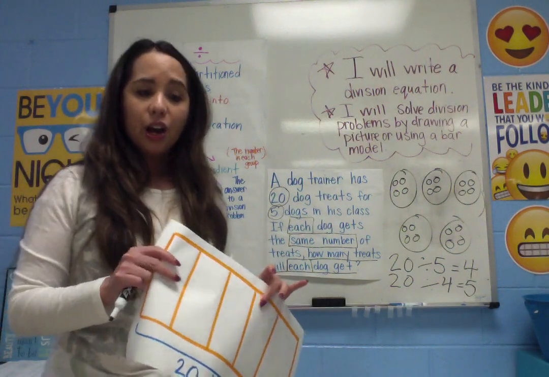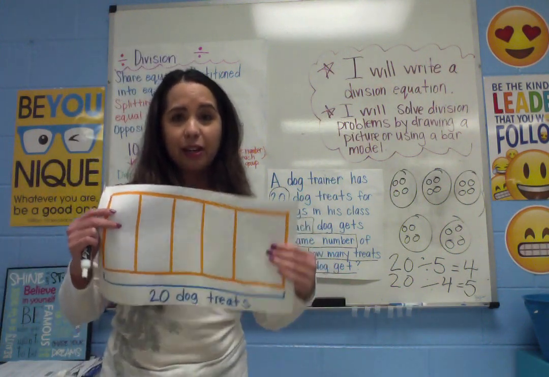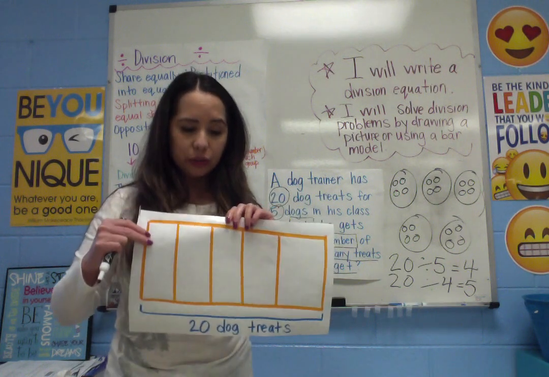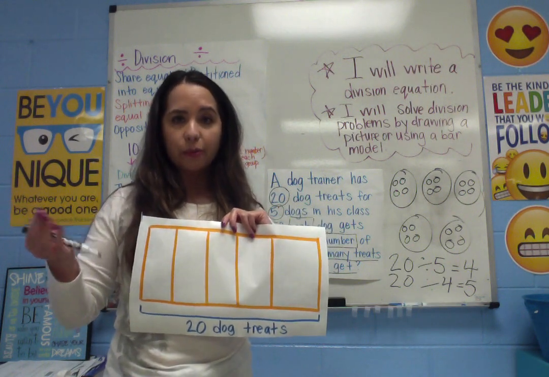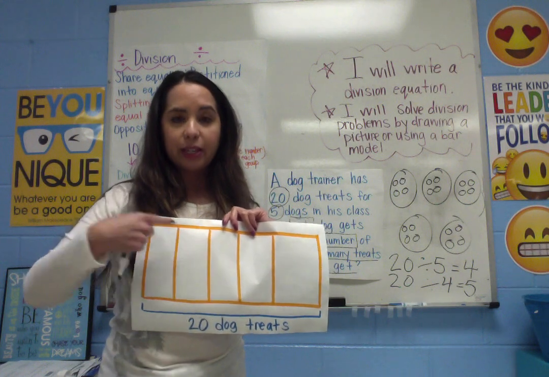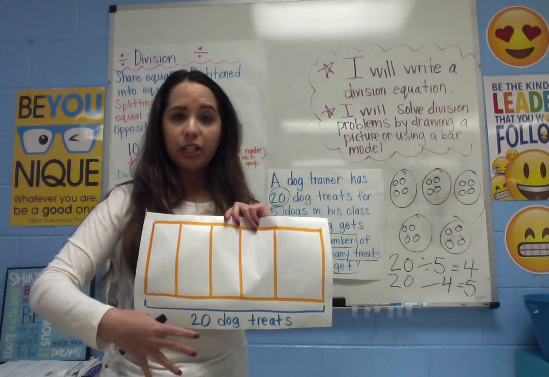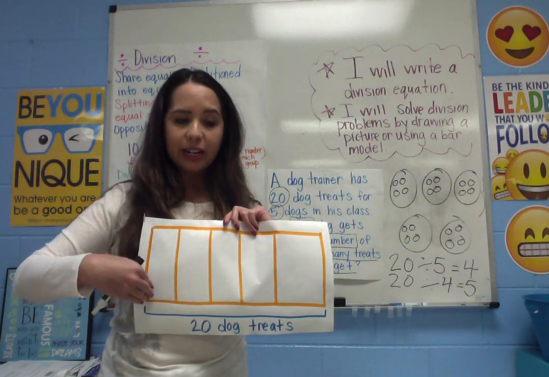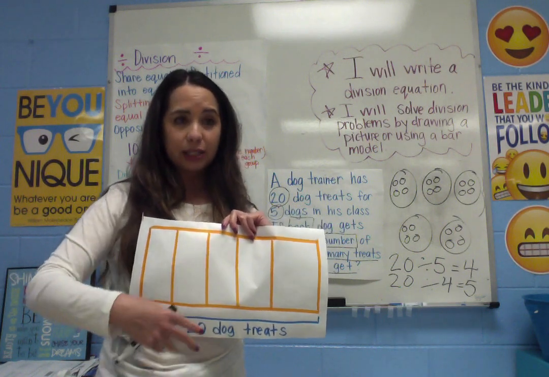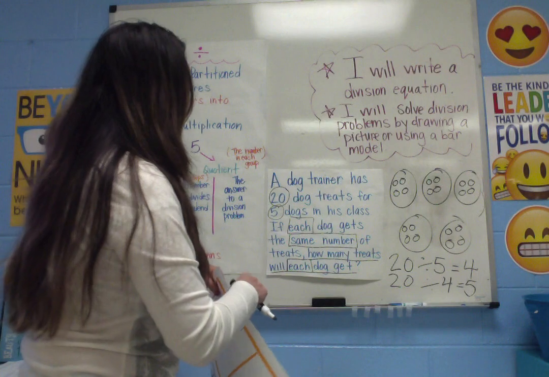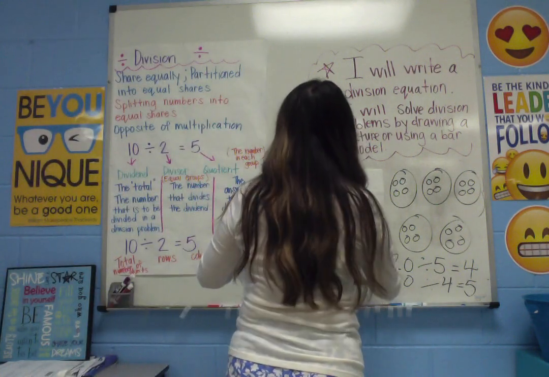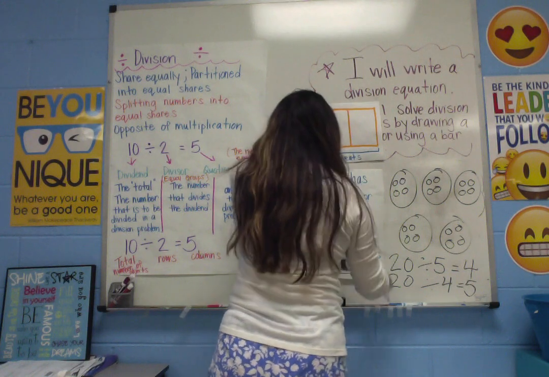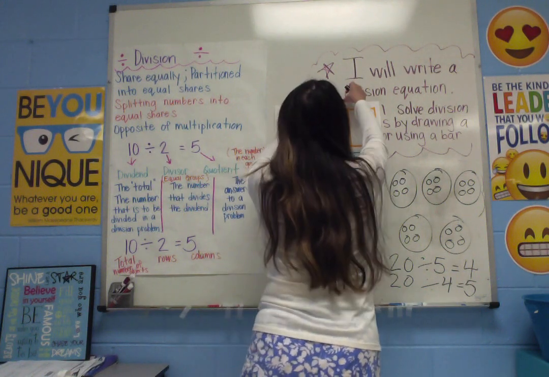Now, guys, a bar model is just basically another picture, another visual that you can use to help you solve the word problem. As you can see, I did my best. We can say that in this bar model, this rectangle is divided into bars. We can say boxes. I'm going to show you how this bar model can represent this same exact word problem that we just did about the dog treats.